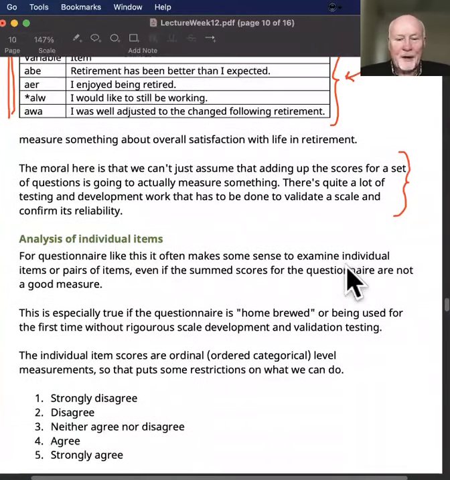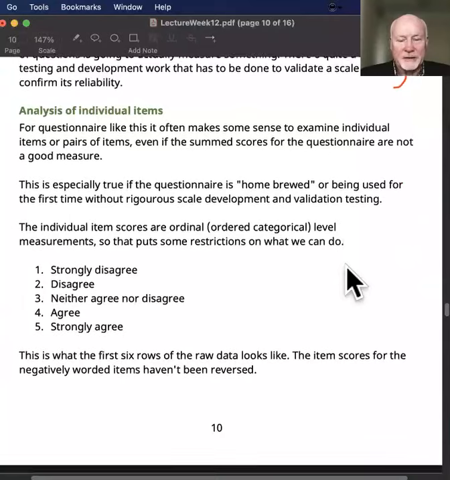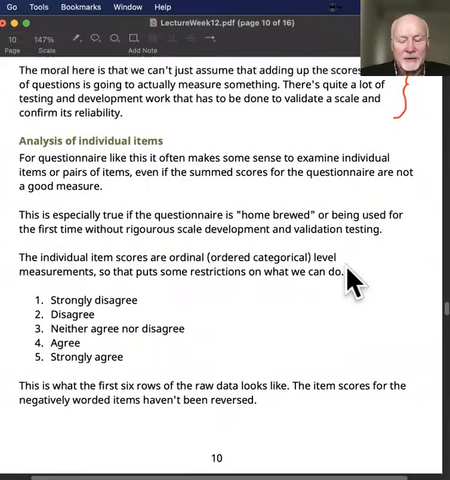Now, what you can do with questionnaires more reasonably is just do analysis of individual items without worrying too much about summative scores. What you typically have in this kind of questionnaire is very commonly these Likert style questions with agreement scoring, or you may have questions where people rate something on 1 to 5 or 1 to 10 or something like that.